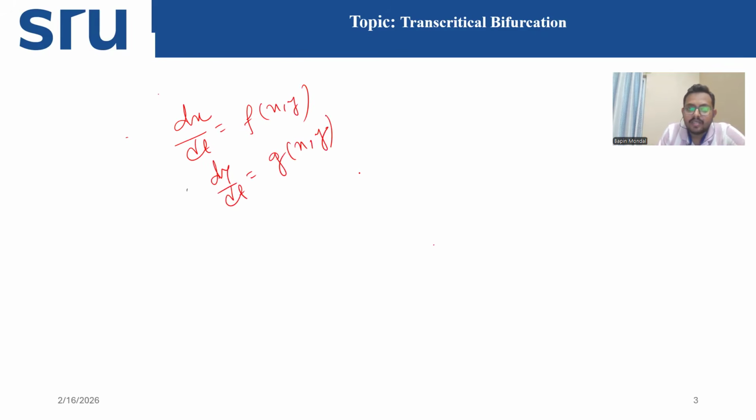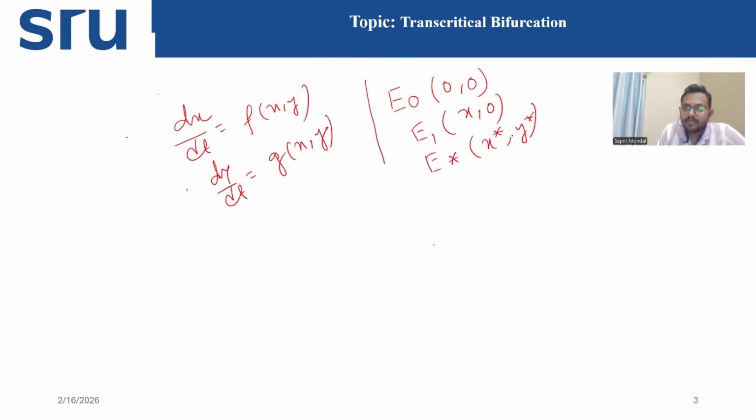We also assume that the system has three types of equilibrium points. First one is E0, which is (0,0). Second one is E1, which is maybe (x0, 0) type. And third one is E star, which is (x star, y star). Now we know how the transcritical bifurcation works graphically, then we go to the analytical approach.